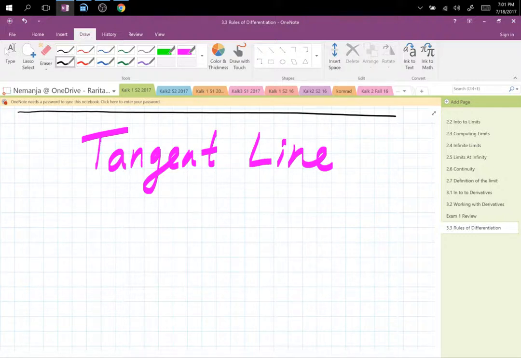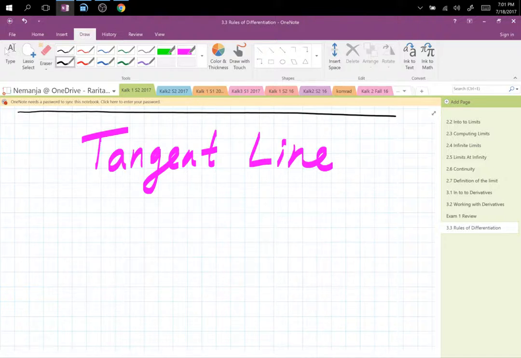And then integration is the heart of Calculus 2. And then Calc 3 is the repeat of Calc 1 and 2 in 3D. So the central problem that we are focusing our efforts on is the tangent line problem.